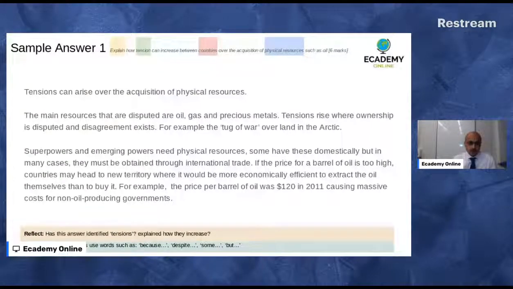Right, so here's a different answer. Again, I've split this up into its different components so that it's clearer for you and easier for you to read. And we will go through what you think of it.